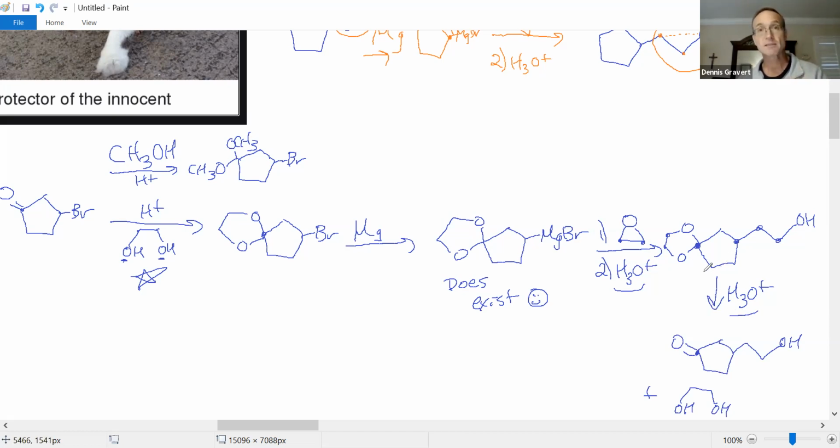There are ways, in case you're curious, if you use cold dilute acid, not too strong of an acid, you can preserve the acetal and get this product in case you want to do more chemistry on it. You want to keep the ketone protected, or you can warm it up, make the acid a little more concentrated, give it more time, and then the acetal will react with H plus and form the ketone.